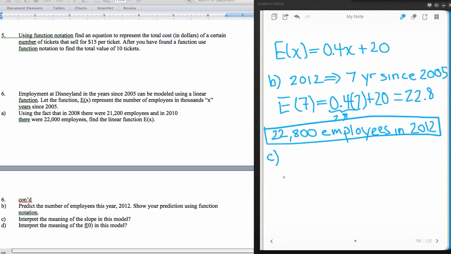Now the next one says, interpret the meaning of the slope in this model. Well, the slope is the rate of change of the dependent for each increment of the independent when it's written as a decimal like that.